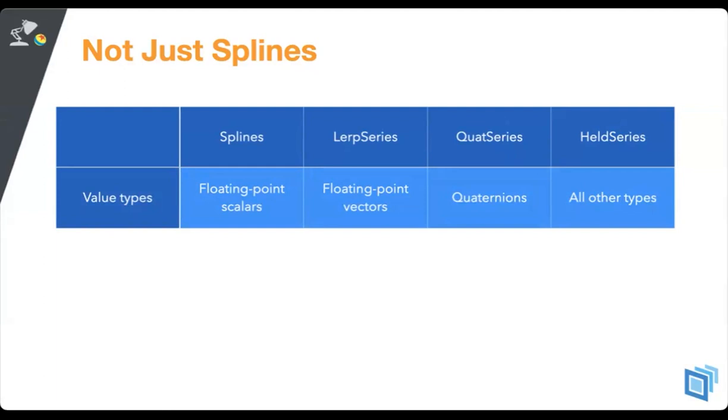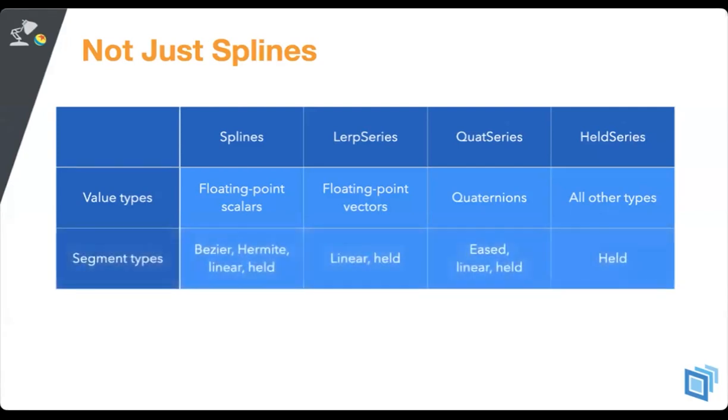But then if you have floating point vectors that vary over time, and that can either be because the value type has multiple components, for example, like a vec3, or because you have an array of smaller values, those can be held in a lerp series, meaning they can be linearly interpolated. And there's a common API for all four. That's sort of a lowest common denominator.